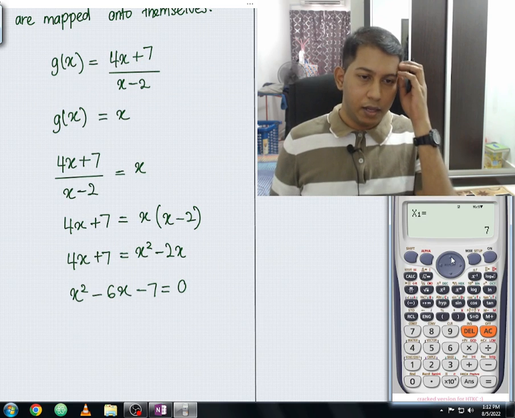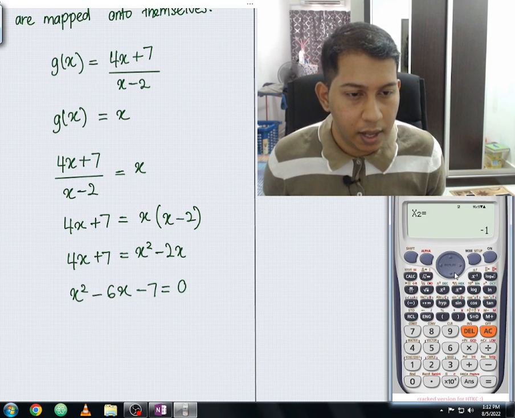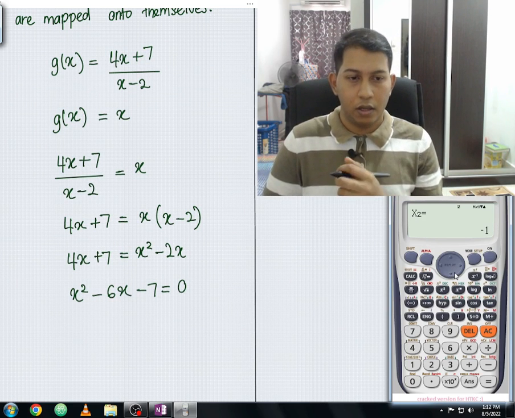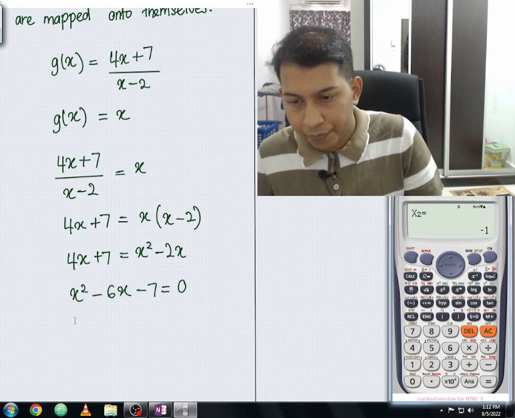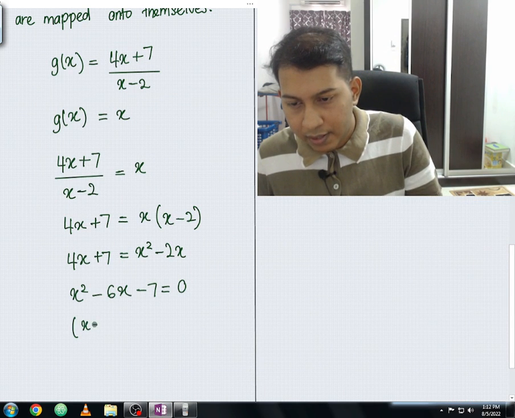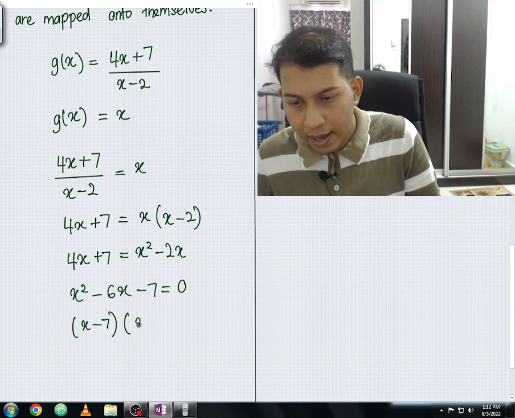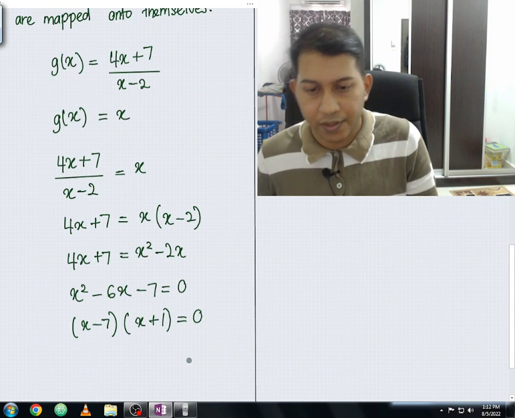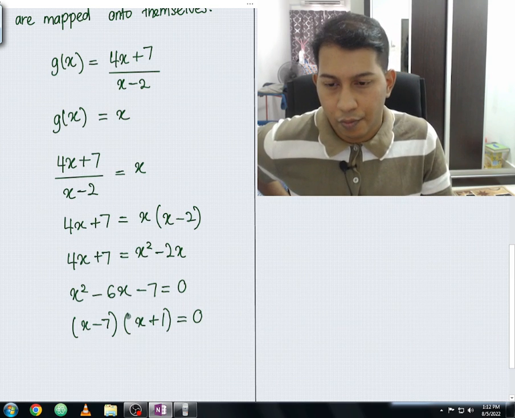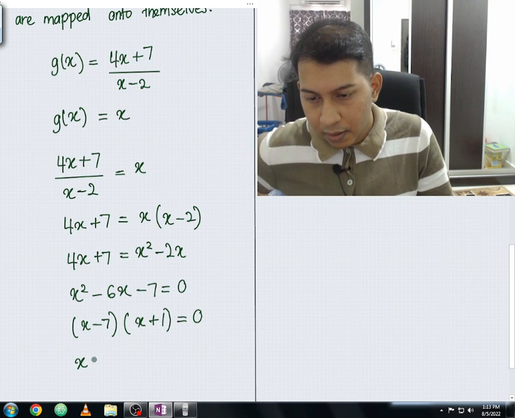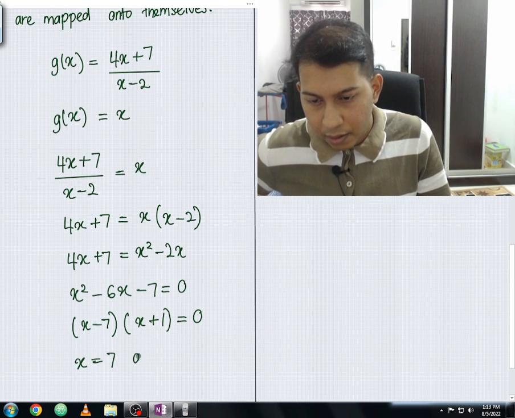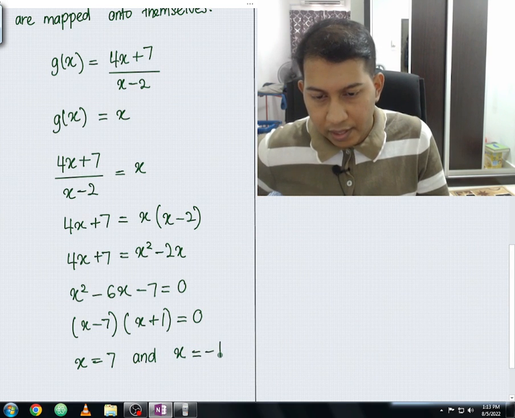So you get x1 is equal to 7 and x2 is equal to negative 1. So from here, x minus 7, and then in the bracket x plus 1 is equal to 0. So your final answer will be x equals 7 and x equals negative 1.